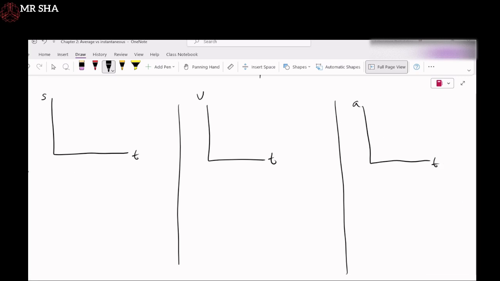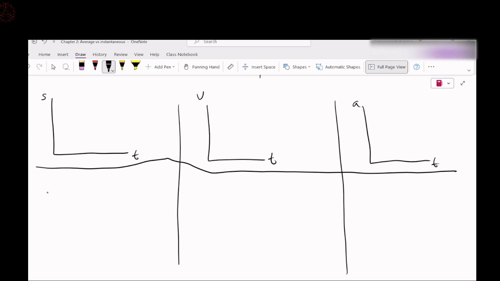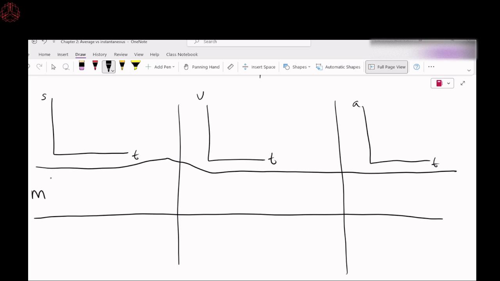Okay, so now I'm asking the question, what does the gradient represent? And what does the area under the graph represent? So let's say I have some weird graph.